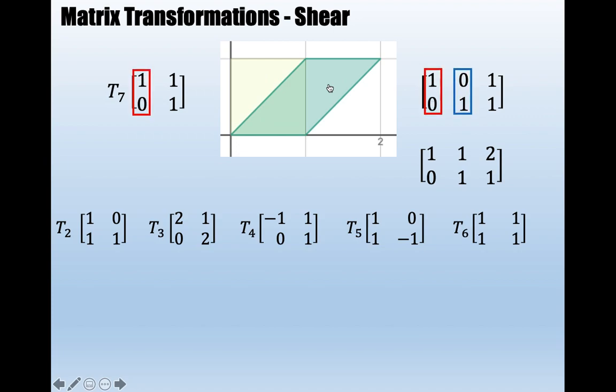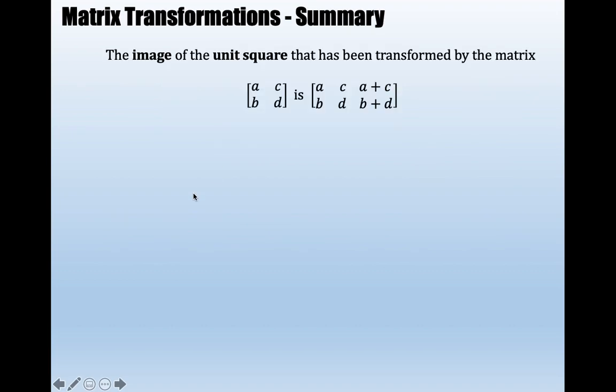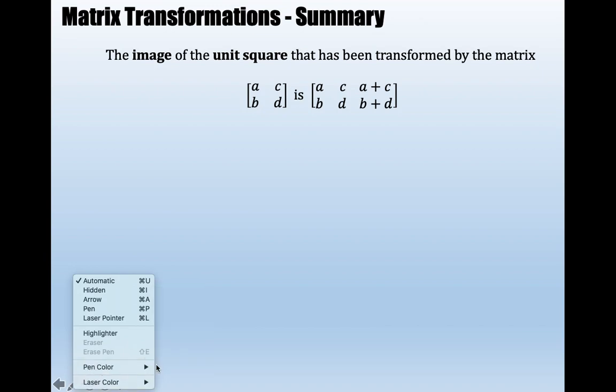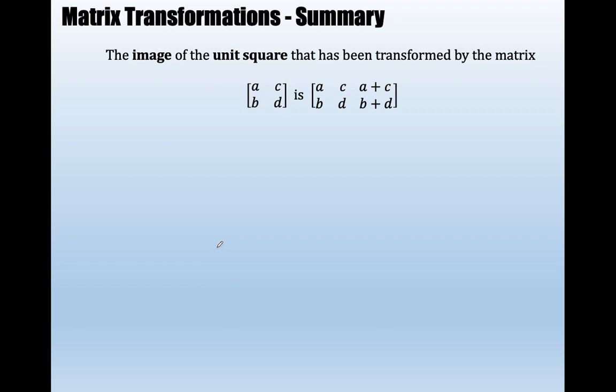And remember, our pattern still holds. We don't actually have to multiply. So, a summary of sorts. The image of the unit square has been transformed by the matrix A, B, C, D. Remember we talked about this.